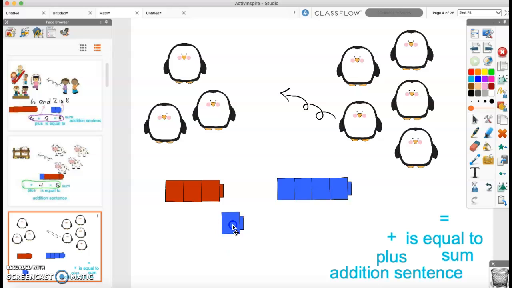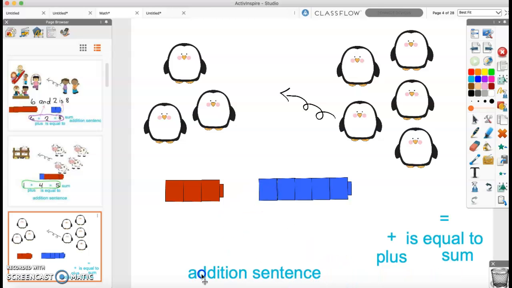So now I'm going to write my addition sentence, and I'm going to count. I have 1, 2, 3. I started out with how many? 3. Good job. And then what would I add next for my addition sentence?